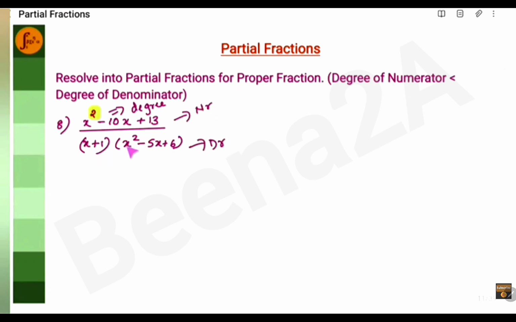When you multiply this denominator with this particular term and this particular term, you are going to get x cube, is it not? X square into x is x cube. Then what is the power? Power is 3. Now you see that the degree of numerator is less than degree of denominator. Hence this is a proper fraction.